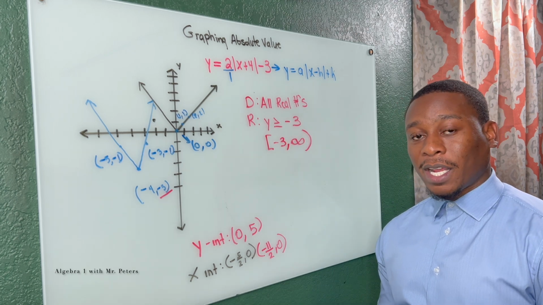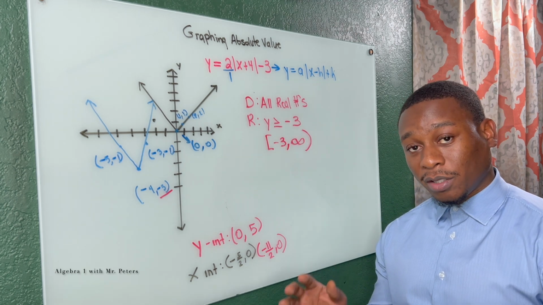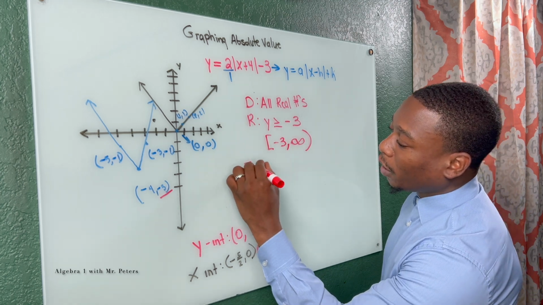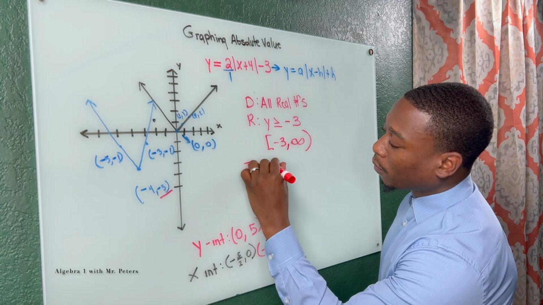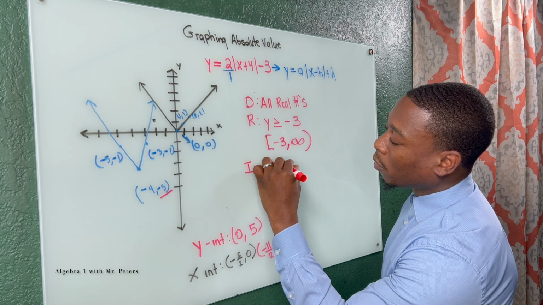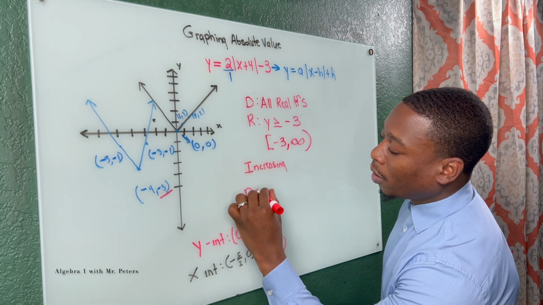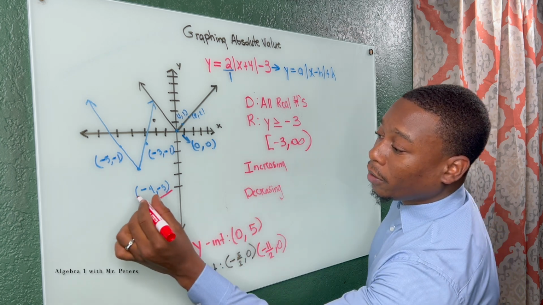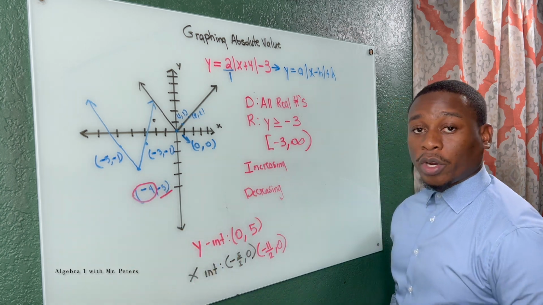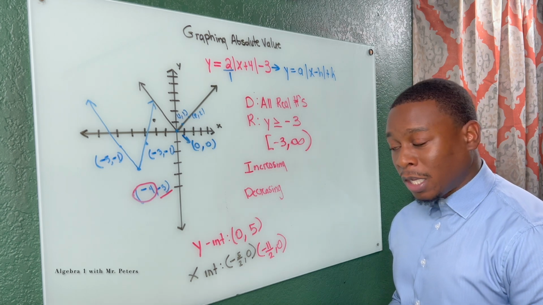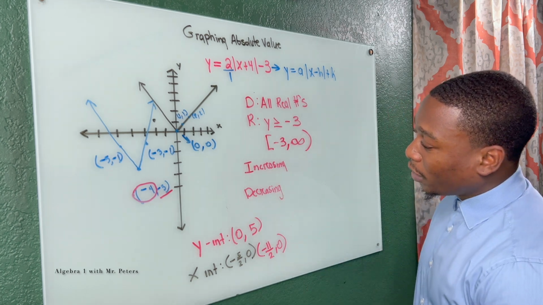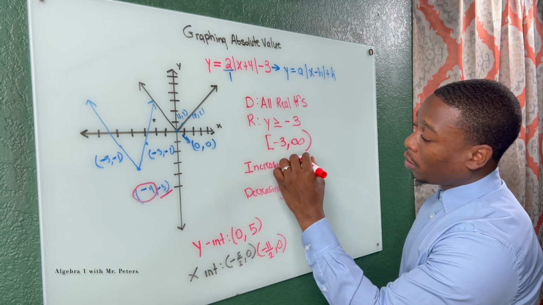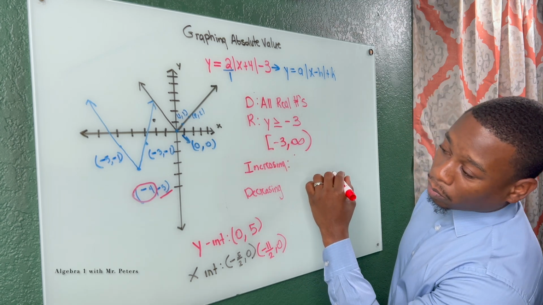Now, the last thing that they're going to ask you is about the intervals of increasing and decreasing. All right, so let's put increasing and let's put decreasing. And just remember, this is going off the x coordinate for the vertex. So this is what I mean. This is going to be increasing what? Hold on, let's make sure.